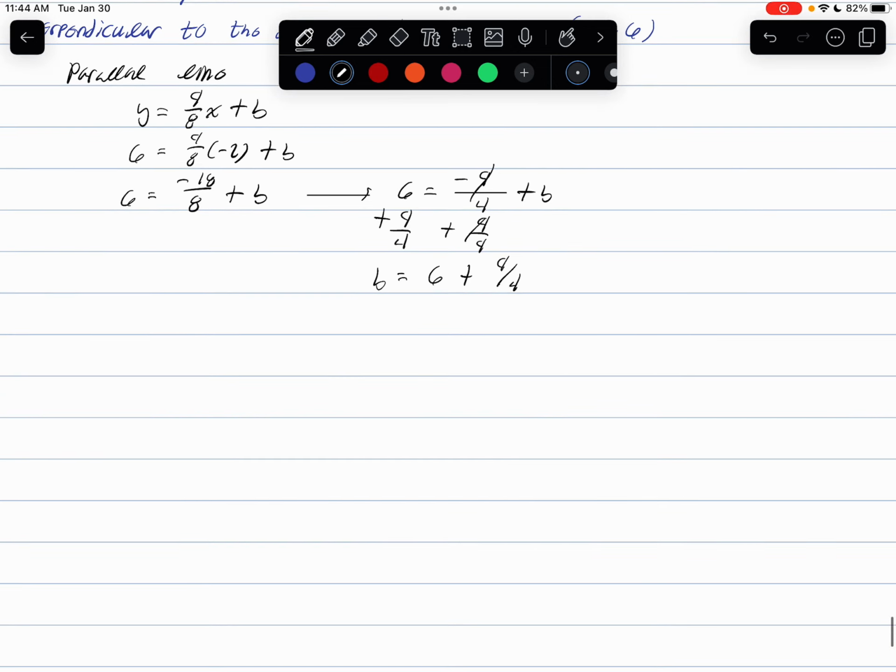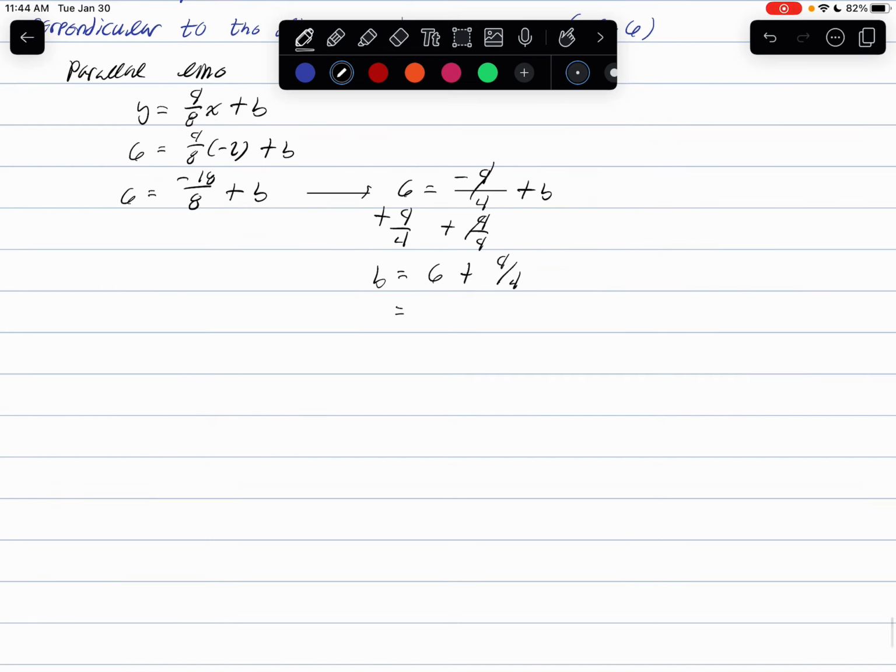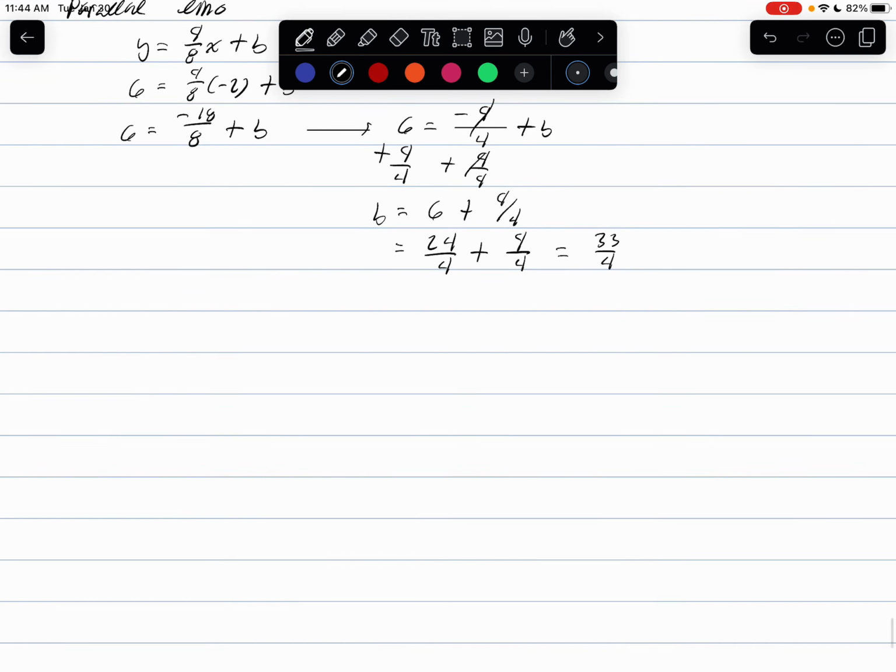We can rewrite 6 with a denominator of 4 by multiplying it by 4 over 4, and that's going to give us 24 over 4 plus 9 over 4, which is 33 over 4. So our parallel line is going to be given by y equals 9 over 8x plus 33 over 4.